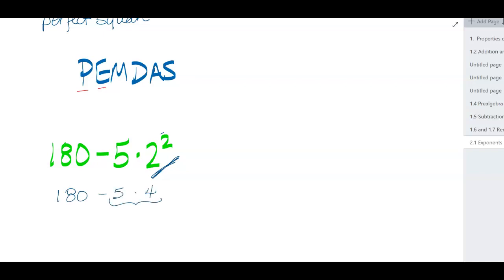And of course, you have to do all the multiplication and division in order as they appear, left to right, before you move on to adding and subtracting. So this is 180 minus 20, and the answer is 160. But please notice that you have to do the exponents first, because that precedes multiplication.